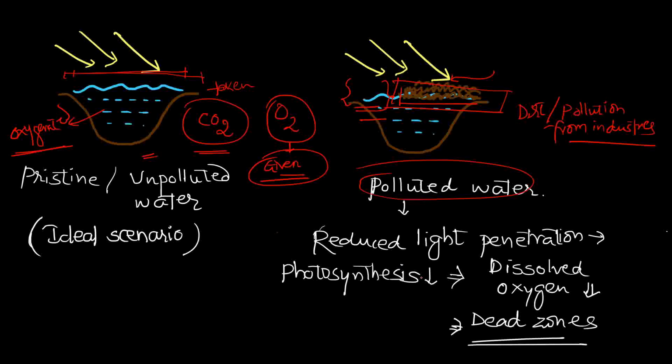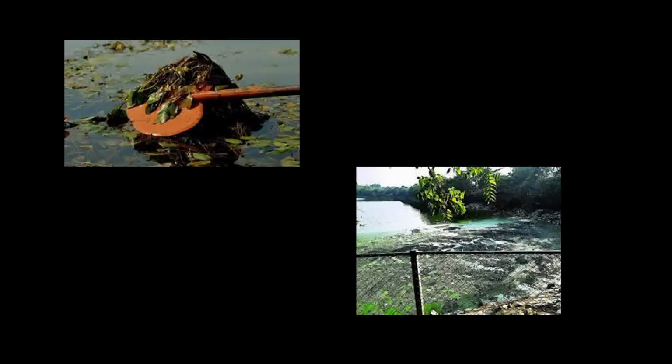Okay, so whenever light penetration is reduced, the dissolved oxygen is reduced, and that is creating the dead zones. And the dead zones you can see in the next slide. Yeah, so these are the dead zones.